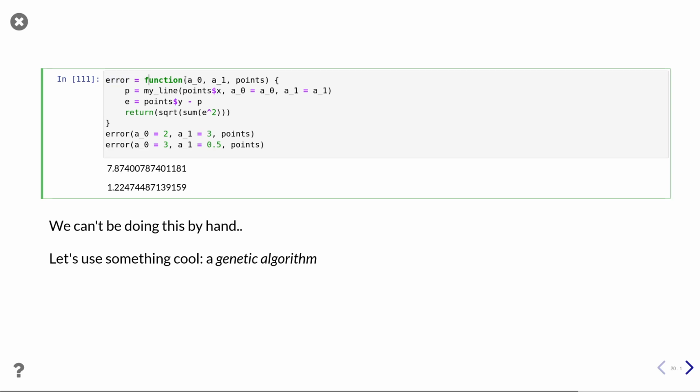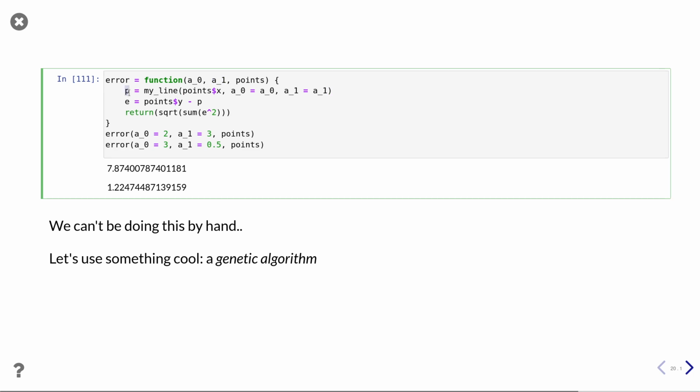And error takes as arguments the values A0 and A1, and the points. First it computes, at the x values of the points, points dollar x, the values given that A0 is equal to the A0 that comes here as argument, and A1 is equal to the A1 that's passed here as an argument.